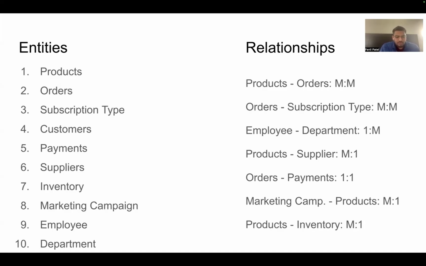Relationships. Products and orders have a many-to-many relationship because an order can include multiple products and a product can appear in multiple orders. Employees manage departments and marketing campaigns are tied to products. Customers are linked to both orders and subscription services.